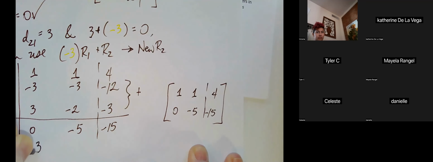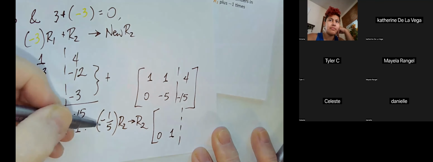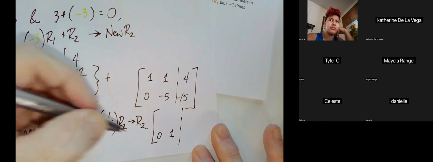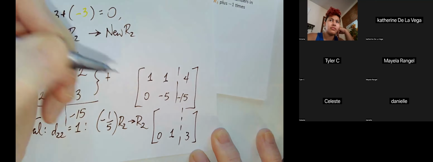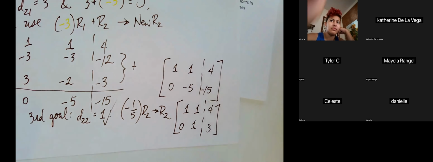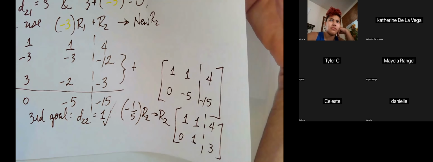And this is exactly the same as dividing by -5. So -5 times -1 over 5 is 1. What is -15 times -1 over 5? 3. Good. And we still have 1, 1, 4 in row 1. And what's our last goal? Make it a 0. Good.